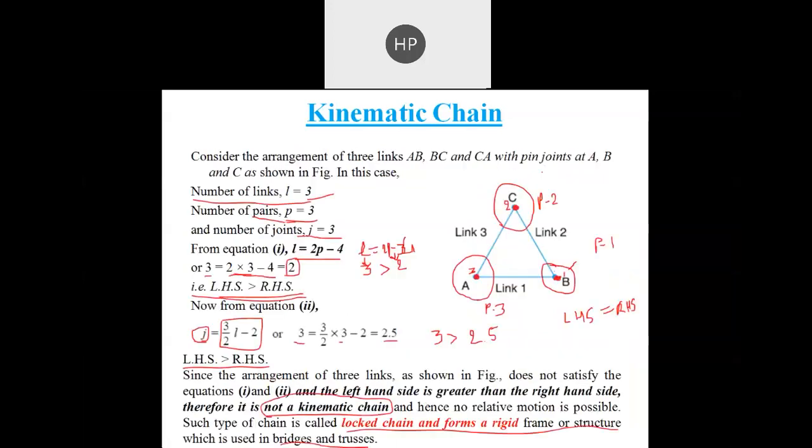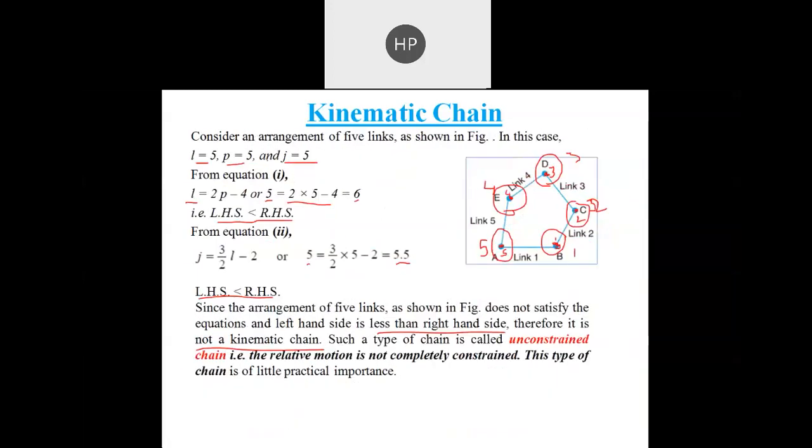So though here it has more than 4 links or elements, still it is not considered a kinematic chain. Why? Because it does not have a definite motion, and that is why it is termed an unconstrained chain. Here the relative motion is not completely constrained, and that's why it is known as unconstrained motion.